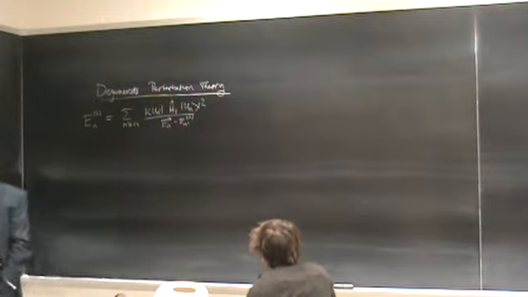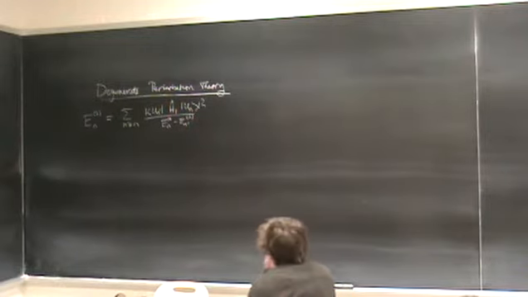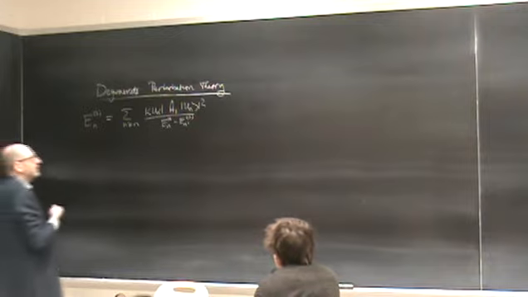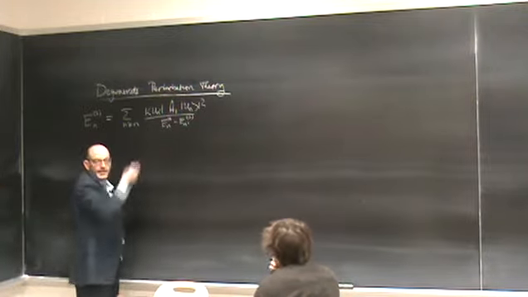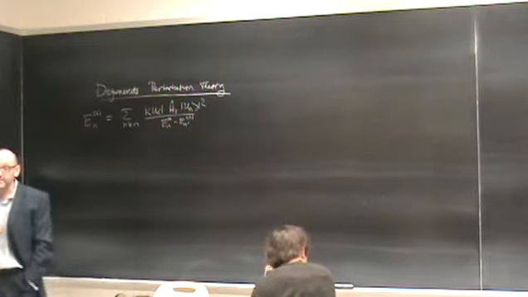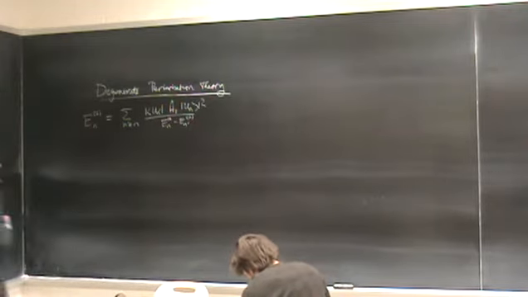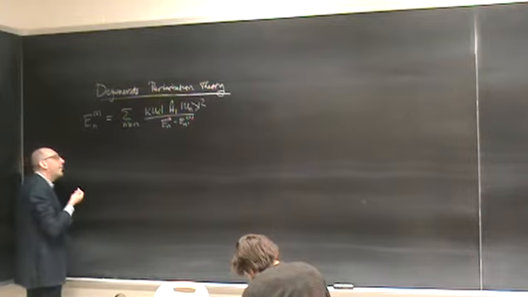And when we have two levels that are the same energy, or close to it, then that's going to screw up. Okay. Now, so how are we going to deal with that?